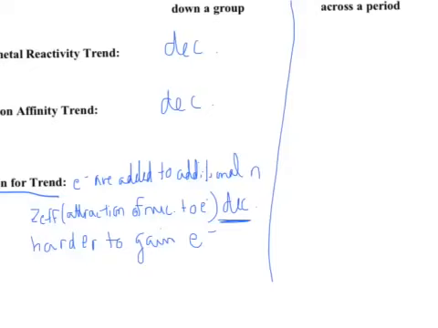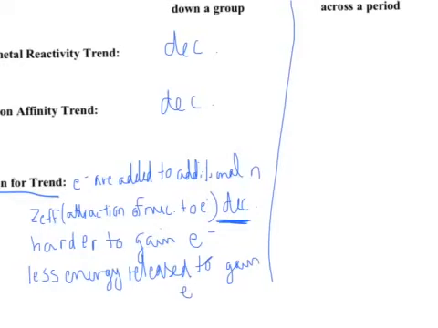Since there's not as much attraction between the protons and the electrons, the atom is less likely to give energy in order to gain the electron. So less energy is released to gain the electron. It's kind of like you don't like chocolate as much, so you're less likely to pay money for it. And so again, the trend would be that it decreases.